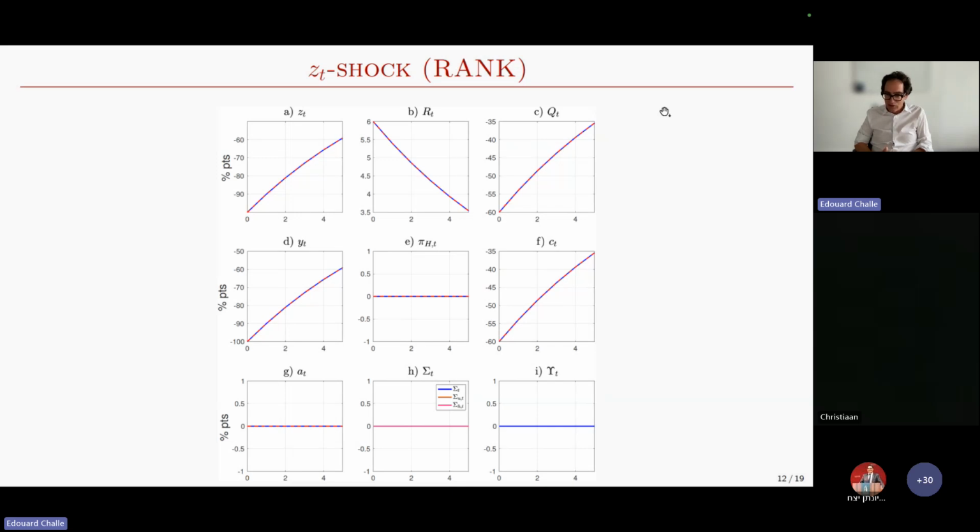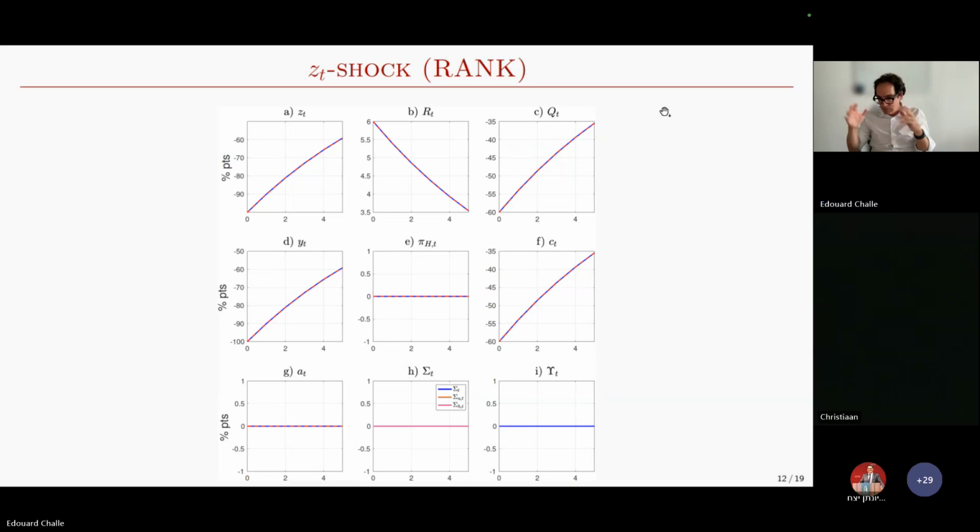And the real exchange rate falls. So there is a real appreciation of the domestic consumption basket. Output falls because it's a recession. But prices are stable, consumption falls, and A_t, net foreign assets, stay stable. Okay, so this is exactly the optimal policy in the RANK model under Cole-Obstfeld elasticities.